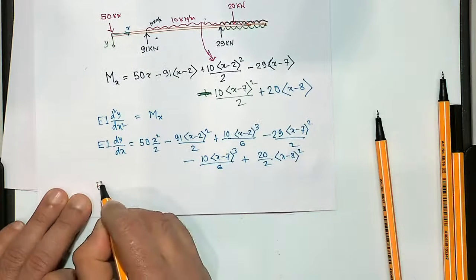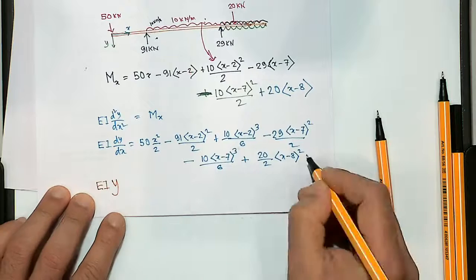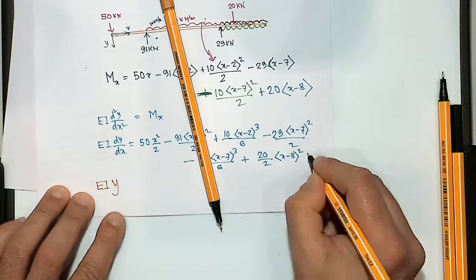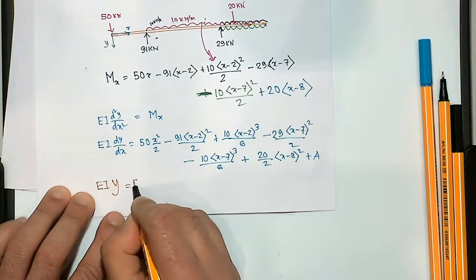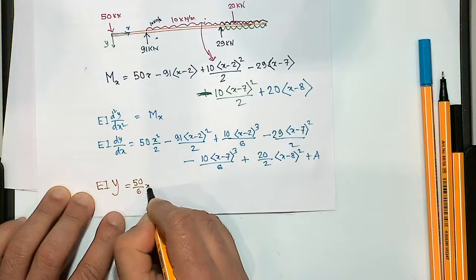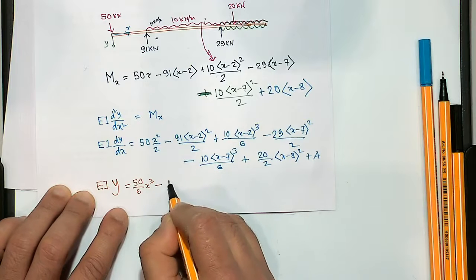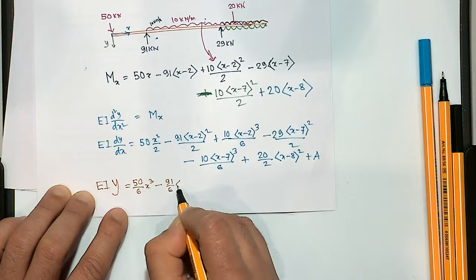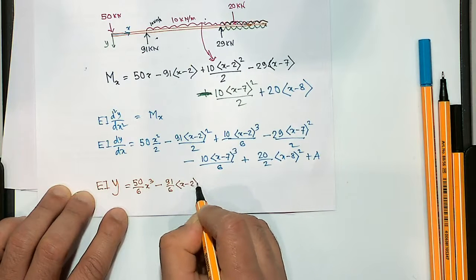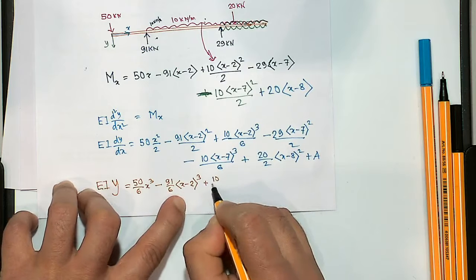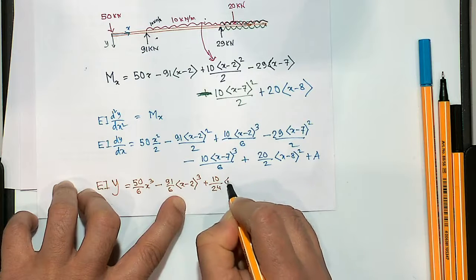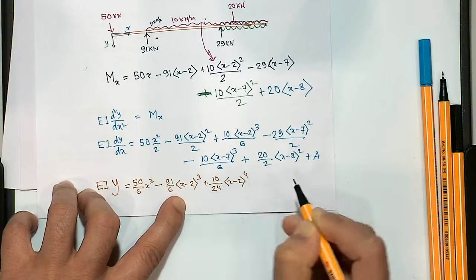And then finally the deflection you can get, of course that would be integrating constant a. Finally, the displacement you can get: 50 over 6 times x cubed, minus 91 over 6 times (x minus 2) cubed. And then that would be 4, so 10 over 24 (x minus 2) to the power 4.